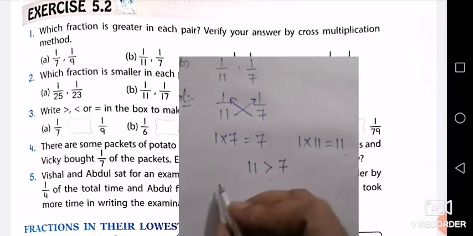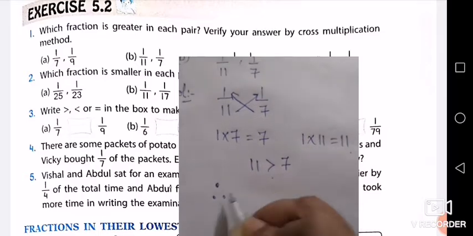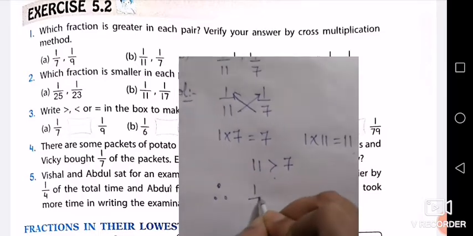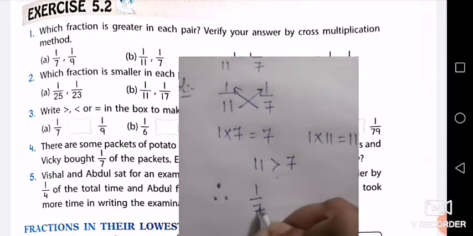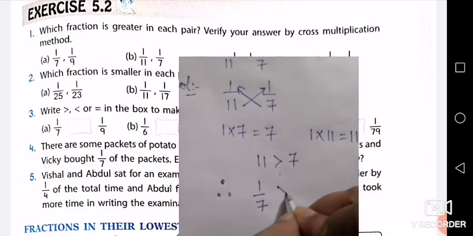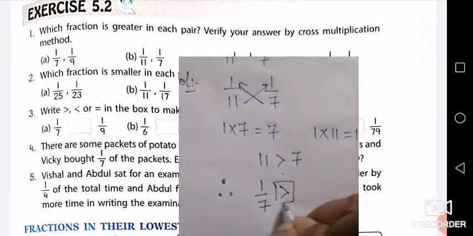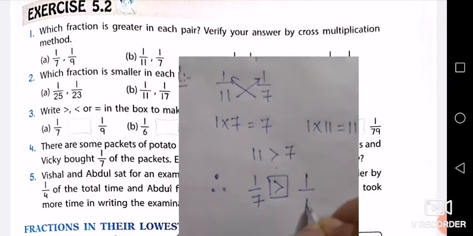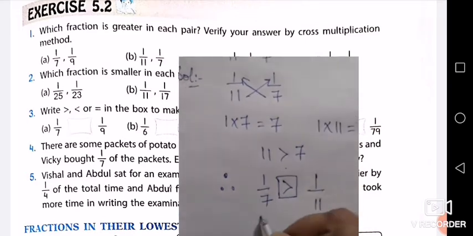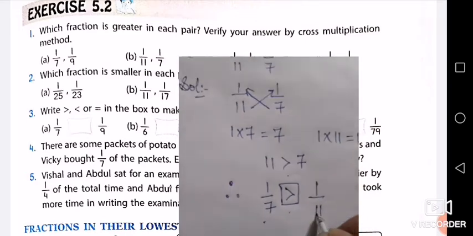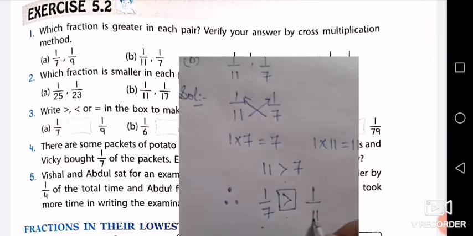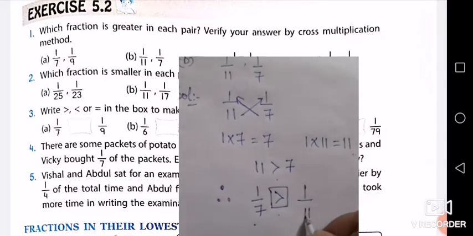Now what we have concluded from the activity is that for 1 by 7, smaller the denominator, greater the fraction. And what is this method? Correct.